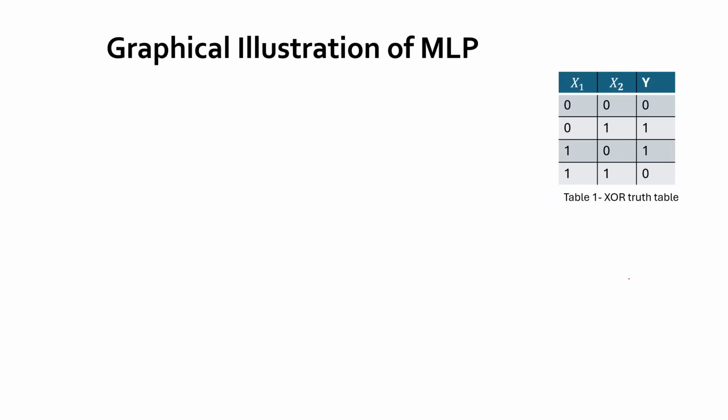This is the truth table of the exclusive OR that works on two inputs x1 and x2, and y is the output. When both the inputs, x1 and x2, have a value of 0, then the exclusive OR outputs a value of 0.